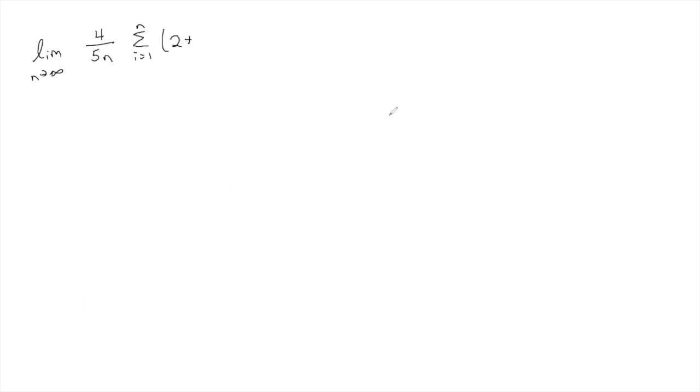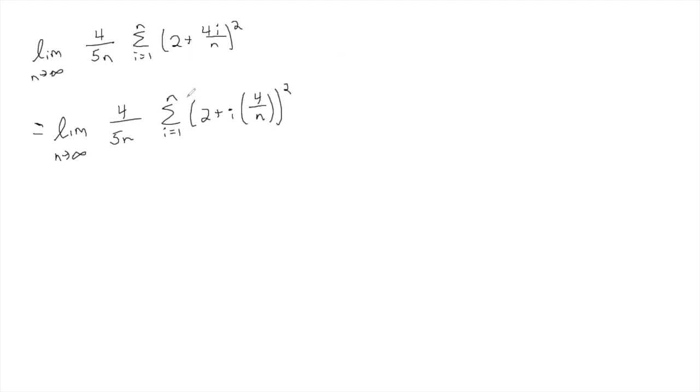And then I had 2 plus, I think it was 4i over n squared. Okay, so this is looking closer, right? I have a b minus a over 5n. Okay, so it looks like 4 is going to be our b minus a, because I can even rewrite this further. One more time, 4 over 5n, sum i 1 to n, 2 plus i times 4 over n, right? To even match it closer.